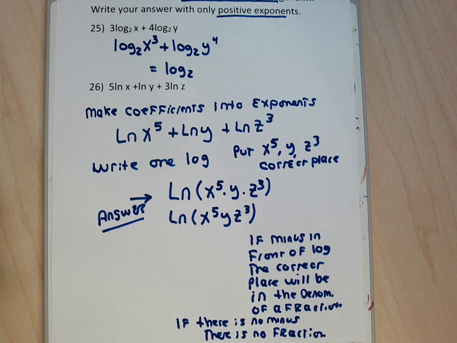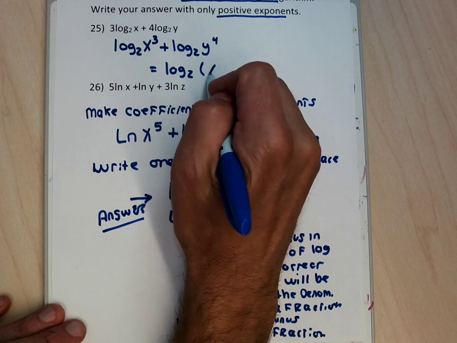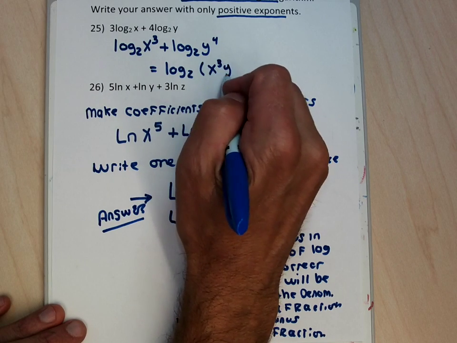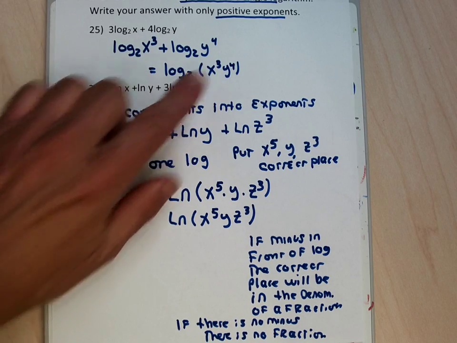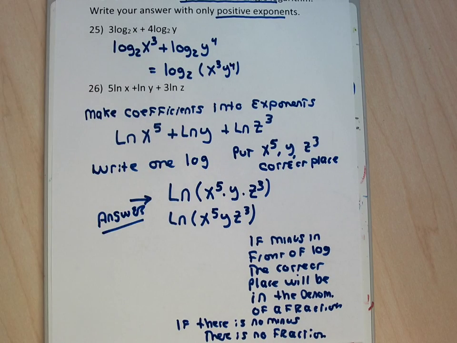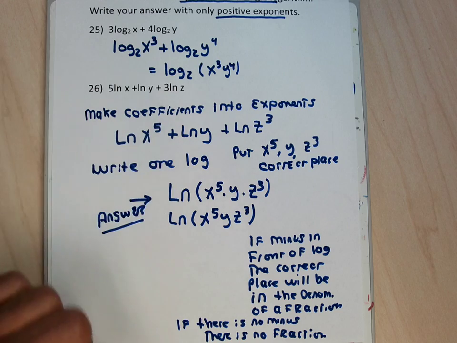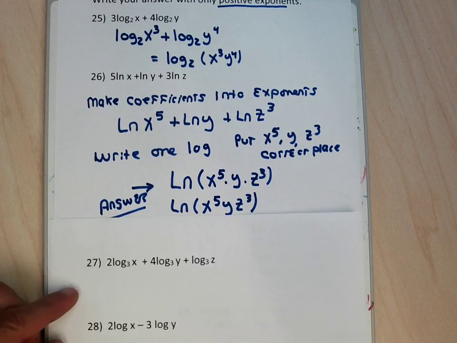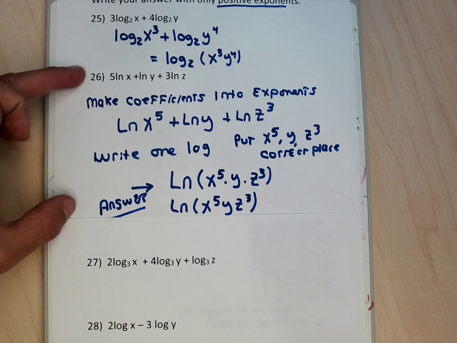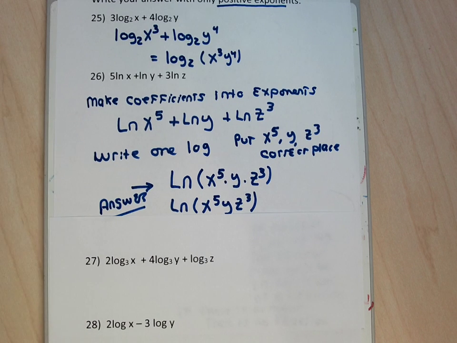They can't be in the denominator of a fraction because there isn't a minus. So the right place is going to be multiplied next to each other. When I go backwards, pluses turn into times, minuses turn into fractions or divide. So that would be the answer for problem 25. I'll flash 27 up here real quickly because 27 is more like 26 than it is like 28. For what that's worth.